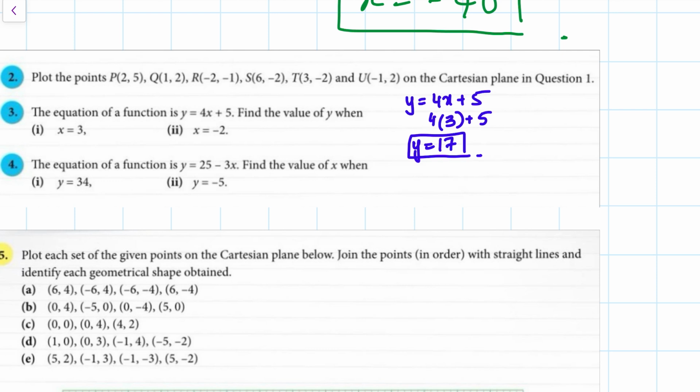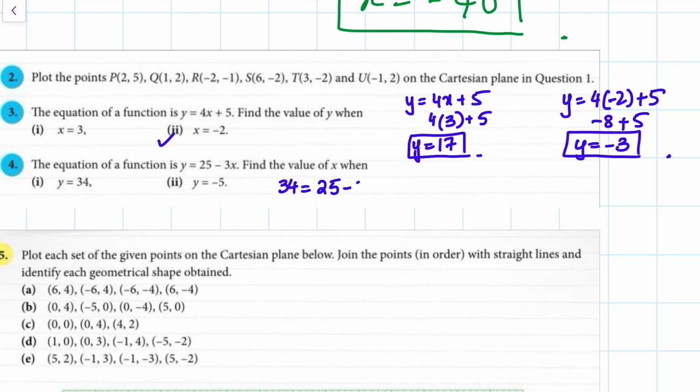Now, find the value of y when x is minus 2. y equals minus 3. Now, question number 4. The equation of the function, find the value of x when y is 34. So, we keep the value of y as 34 and find the value of x.